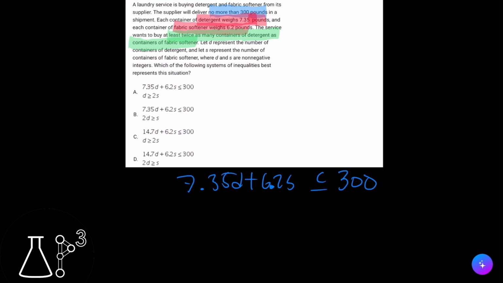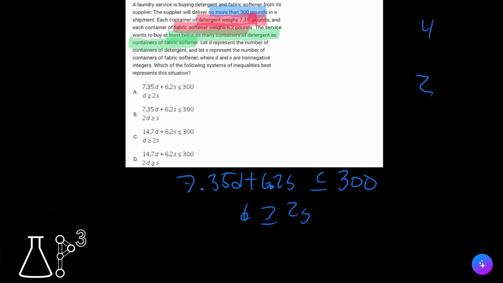For example, if I have two fabric softeners, I want twice that amount in detergent. So I have 4 detergents per 2 fabric softeners, because they want twice as many detergents as fabric softeners. So we can rewrite that as D is greater than or equal to 2S, because detergent has to be twice, or if not more, than the amount of fabric softener.